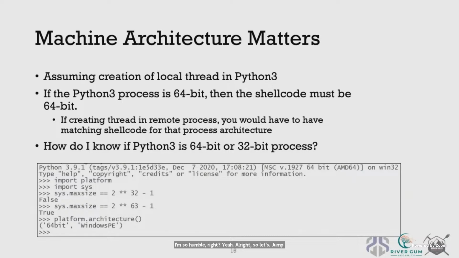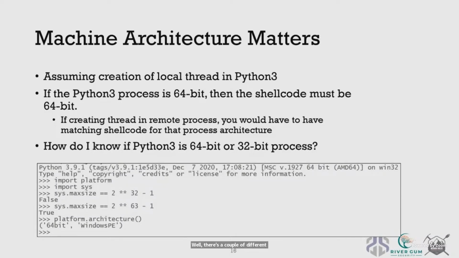Machine architecture, of course, matters. If you're creating a local thread in Python 3 and the Python 3 process is 64-bit, then the shellcode itself must be 64-bit, okay? How do I know if Python 3 is a 64 or 32-bit process? Well, there's a couple of different ways.